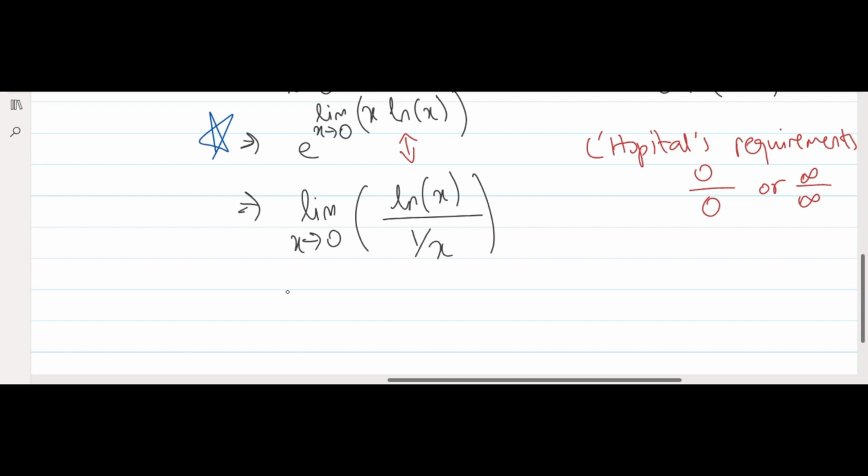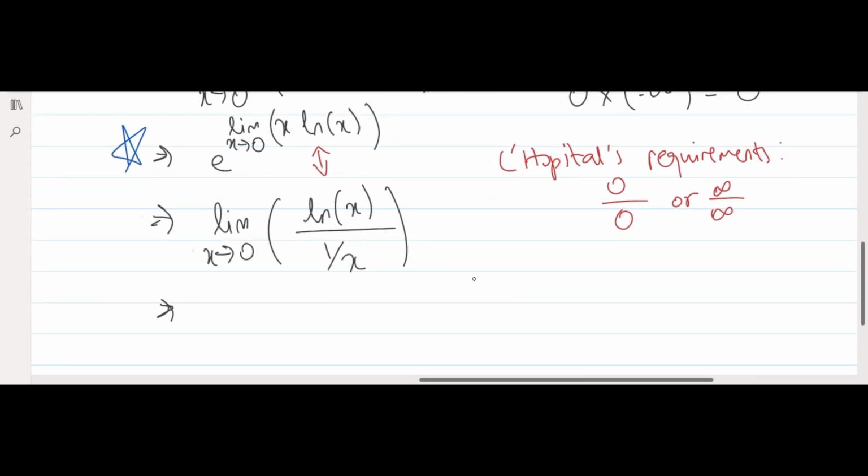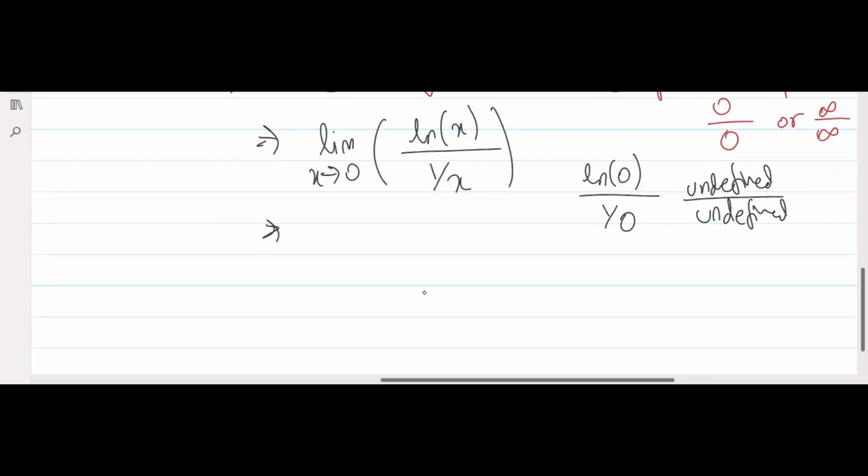I forgot to mention the positive here. I'm really sorry about that. Which is just 1 upon 0, so that is just infinity upon infinity, right? Which is undefined simply. So you get the form in which you can apply L'Hopital's rule now.